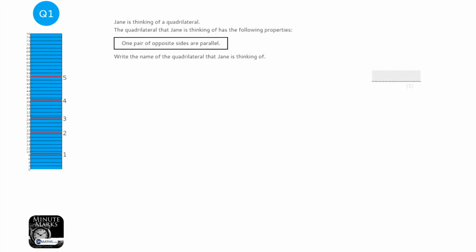Okay, it's really important to realise the properties of all of the quadrilaterals. And we're given a piece of information here, which is one pair of opposite sides are parallel. So if I just draw that out, I can just draw any set of parallel lines.